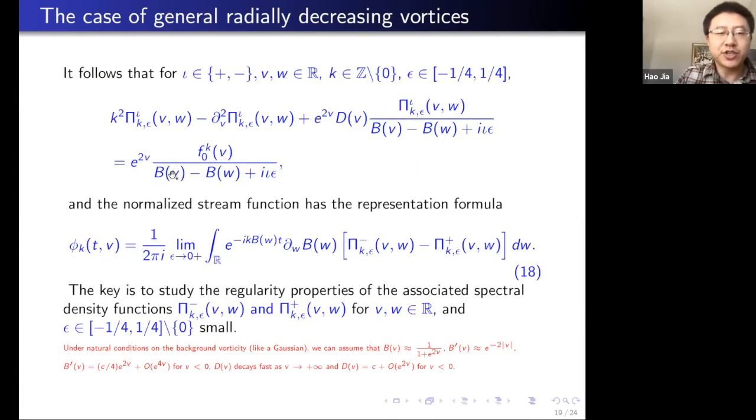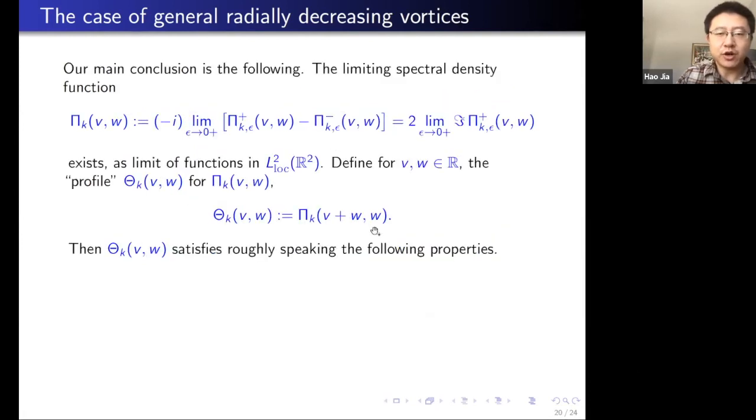If we shift V to V plus W, then the singularity is transformed from V minus W to V plus W minus W, which is no longer singular in W. So this shift of coordinates basically shifts all the singularity from both V and W to only a singularity in V. That's the advantage. Basically, we expect this object to be completely smooth in W, but singular in V.